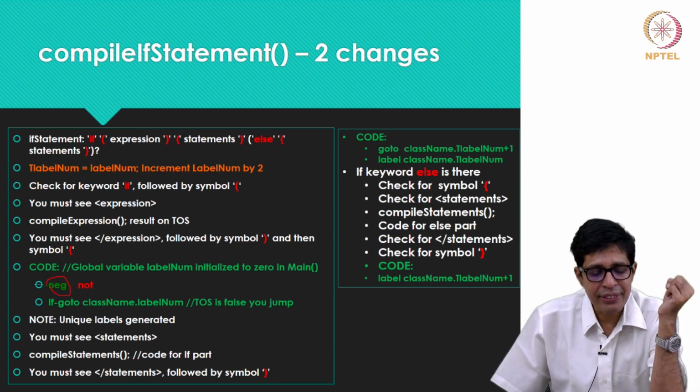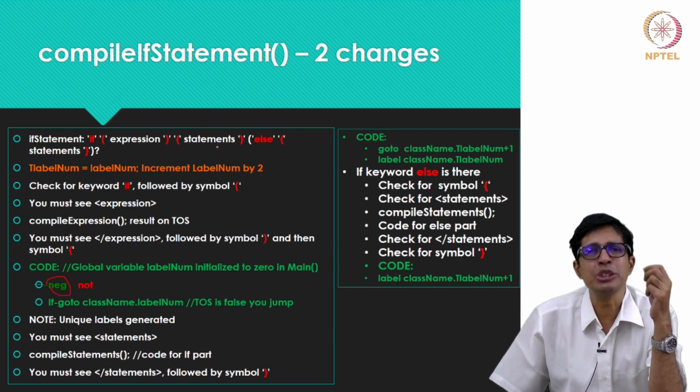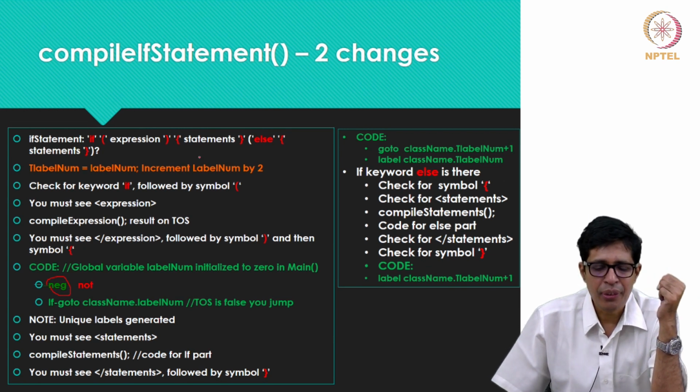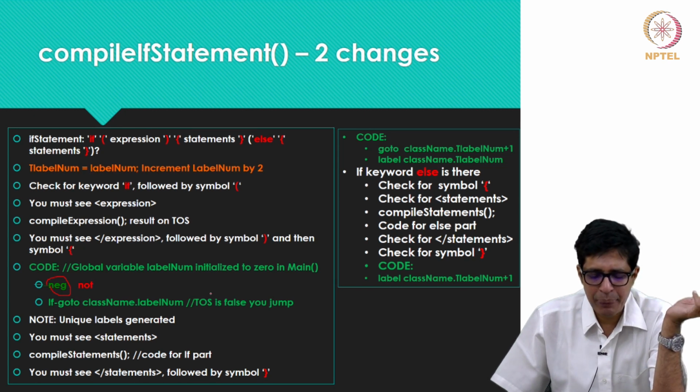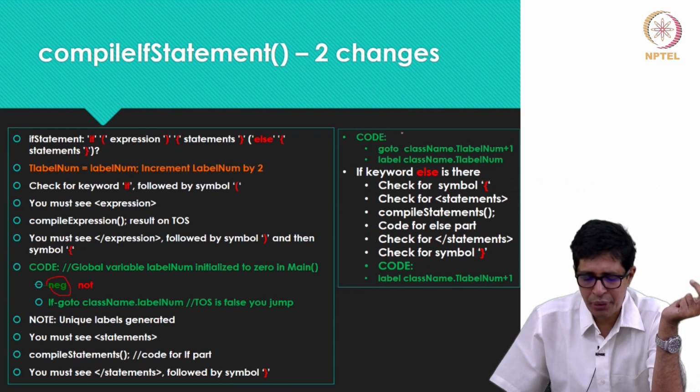Now, what we have done in the case of if statement is that we had one label. So, the only issue now is the label num. If you look at the previous version, we had one label num that we were using continuously across this, but then if I use a label num and then that label num plus 1 etc. are going to be called.